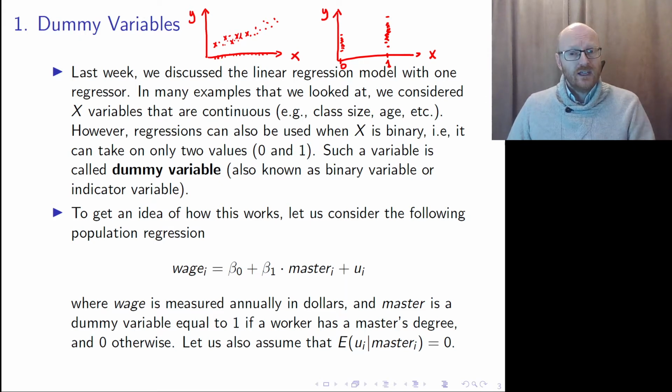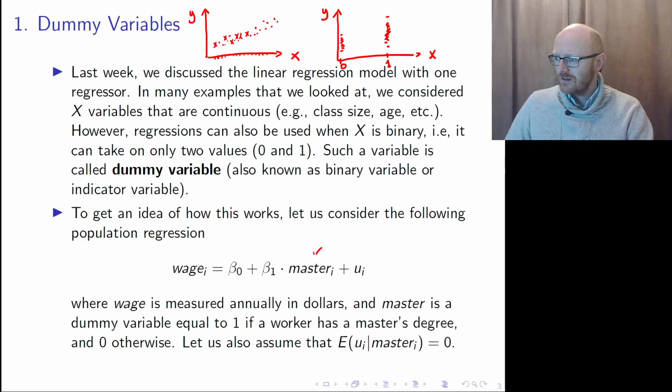So to get the idea of how this works, we can consider this regression. The wage equals the intercept plus a certain beta 1 times the master dummy variable.